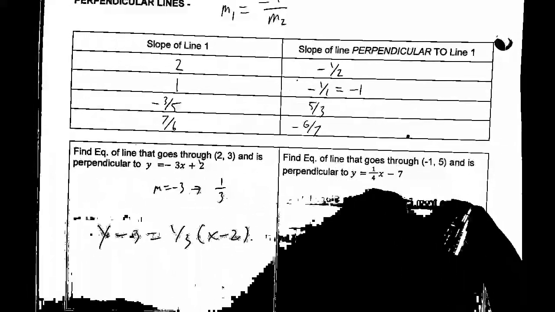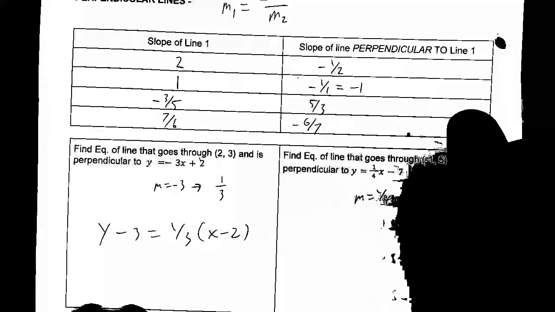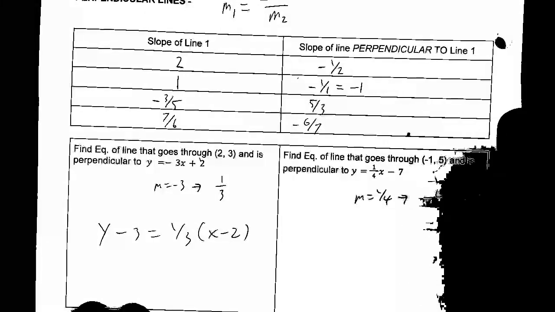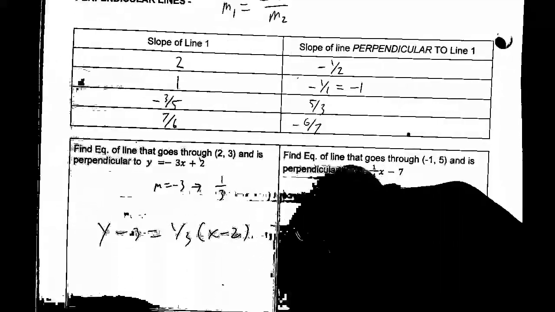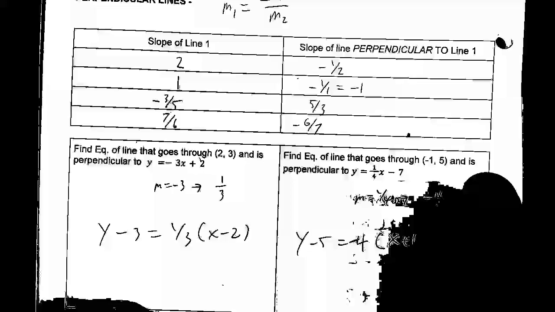Similar here, this is nice for us. This is 1/4, so my perpendicular line would be just negative 4. So this would be y minus 5 equals negative 4 (x plus 1). Okay?